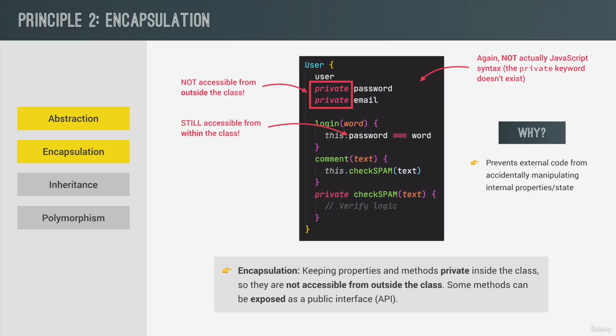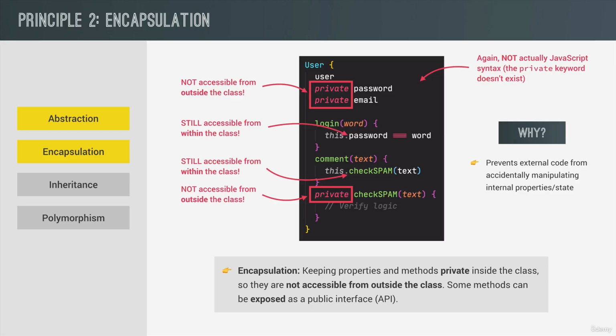Now, as you see, there's also a private method here, the check spam method. Again, it's not accessible from outside the class, but it's used internally to check if a comment is spam or not. So we want no one else outside of the class to be able to use this method. And so basically, we don't make it part of the public interface. So the public interface is essentially all the methods that are not private, so that are not encapsulated.